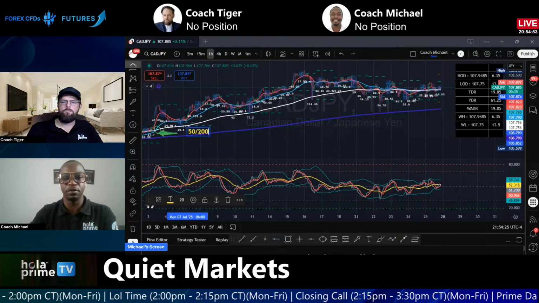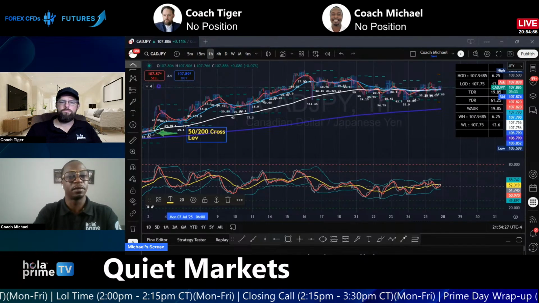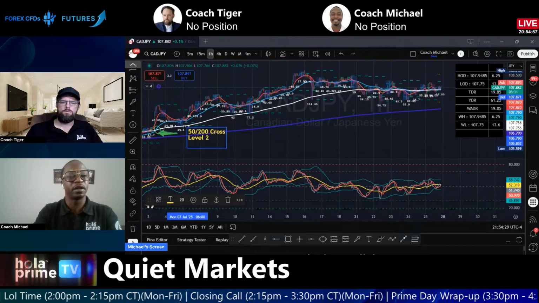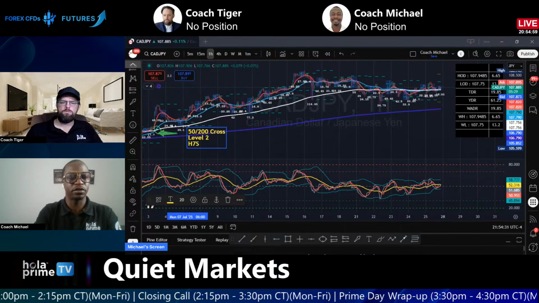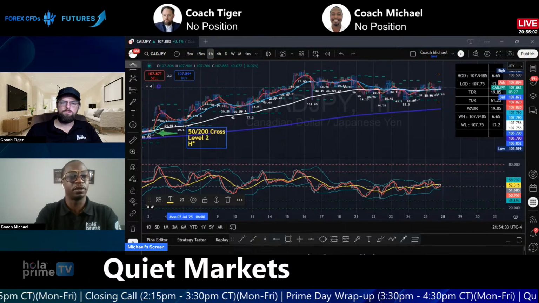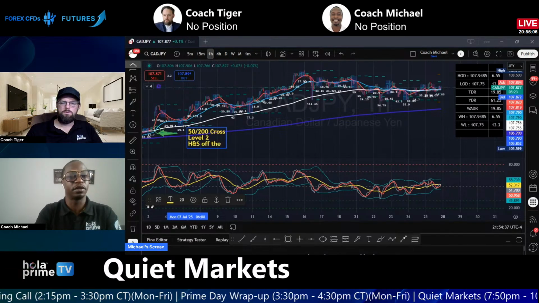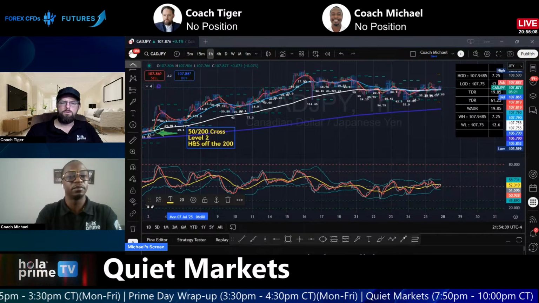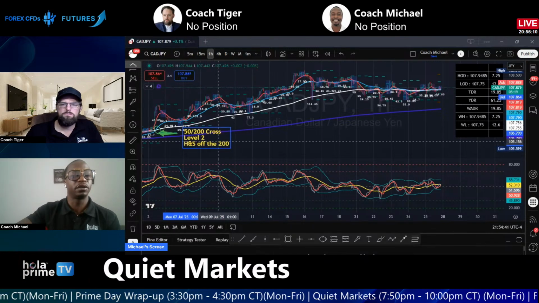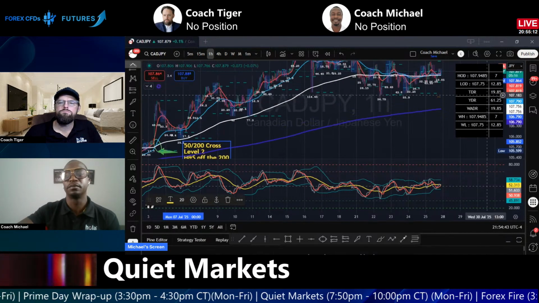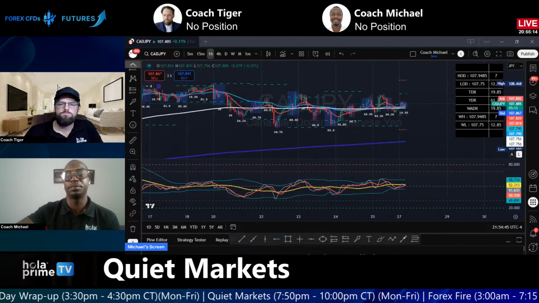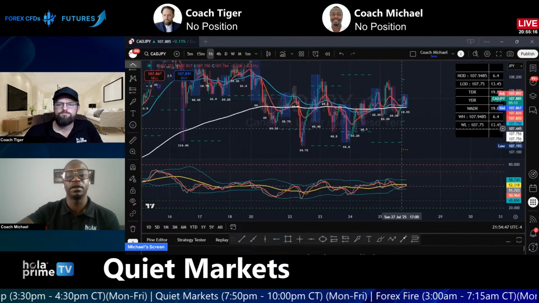So the 50/200 crosses, I'm in level two. And in this case, it is a head and shoulders off the 200. So I'm looking for this move here. It's not the prettiest head and shoulders, but the pattern is still there.